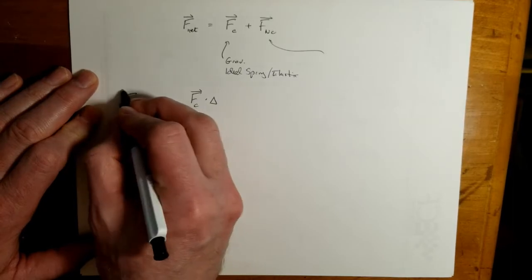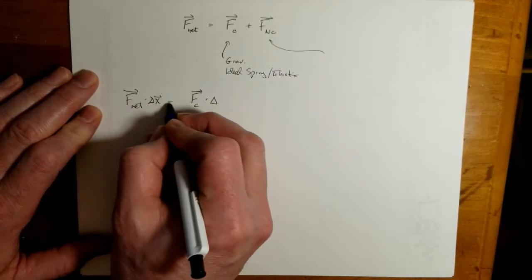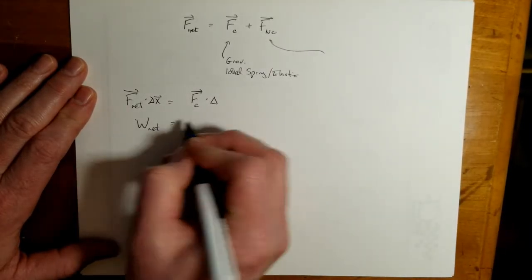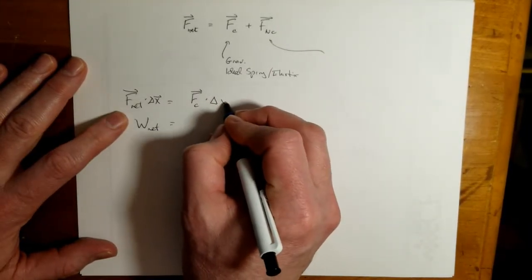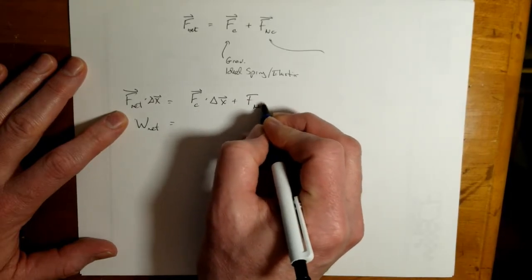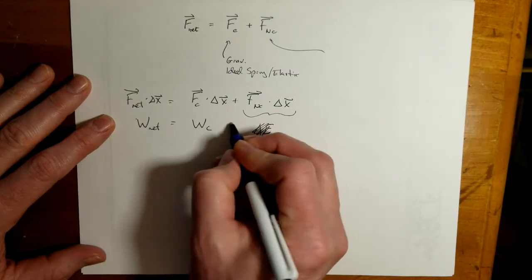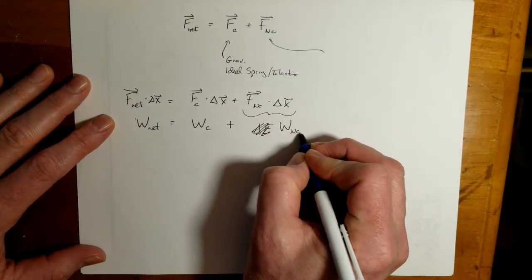So my net force dot delta x, in other words, my net work, is equal to the conservative force times delta x plus the non-conservative force dot delta x. This would be the conservative work plus the non-conservative work.